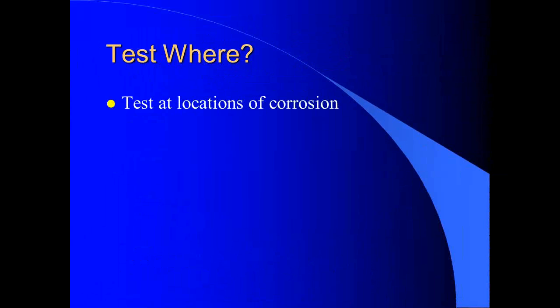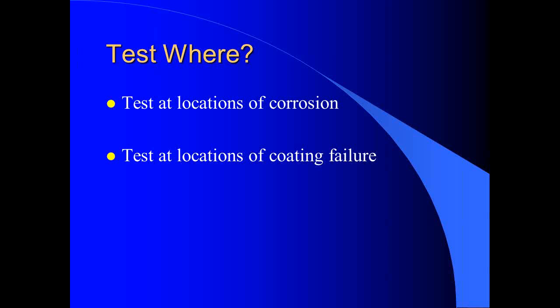Where do you test? Typically, you test at the locations of corrosion. You typically test where the coatings have failed. If you've got a surface that 60% of the coating is in perfectly fine shape, it's only 40% that's failed.